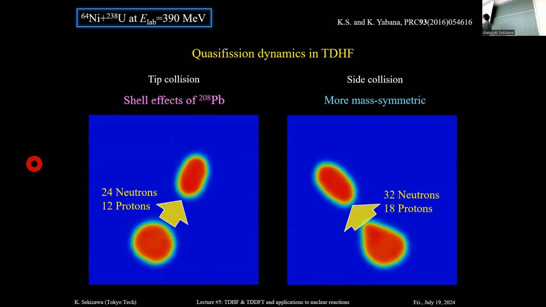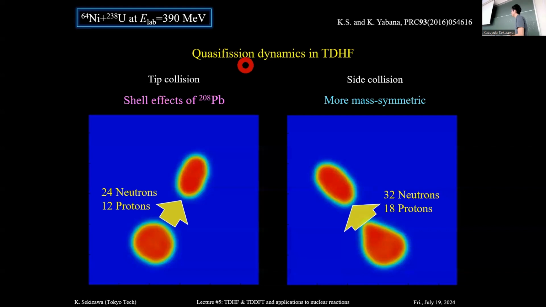So actually, after time evolution, we can see that the heavier product in tip collision has neutron number 126 and proton number 82, close to lead. So dynamically, such quantum shell effects emerge, and it affects the reaction outcome. So in this way, as you can see, the quasi-fission process is very complicated dynamics.